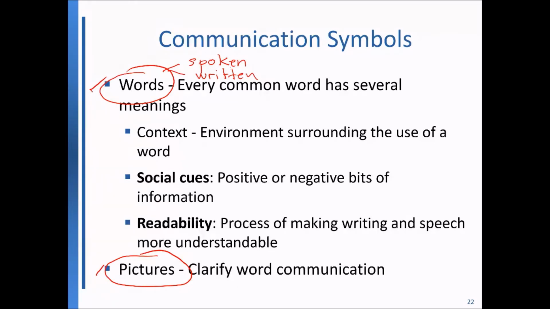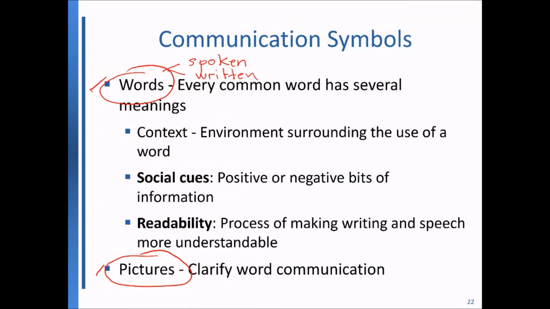Okay, so words. So we will skip this. It is about words, like context. Sometimes words have different meanings in different environments, or sometimes words can be bad or good depending on the culture. We call that social cues.